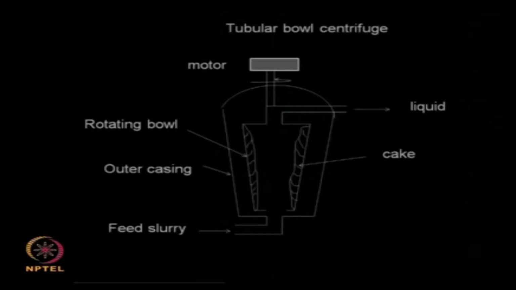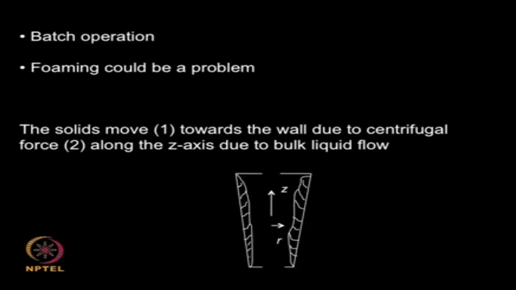So if you look at a tubular bowl centrifuge, they generally operate at batch conditions, and foaming could be a big problem in this.